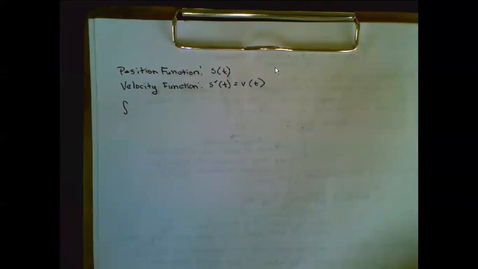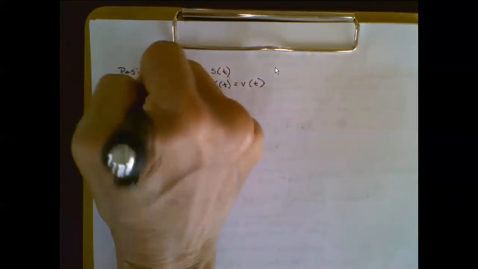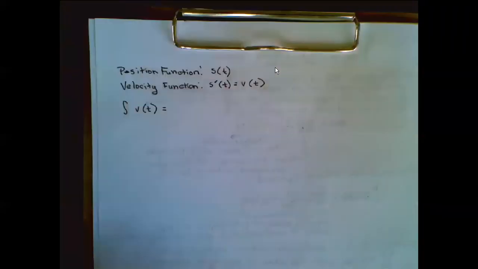So when we anti-differentiate the velocity function, what should it give us?